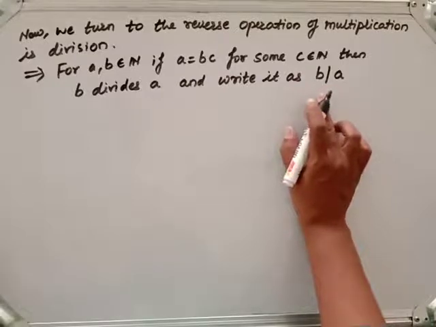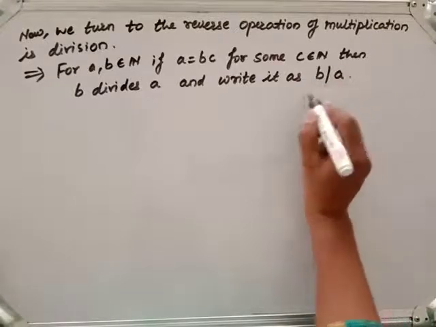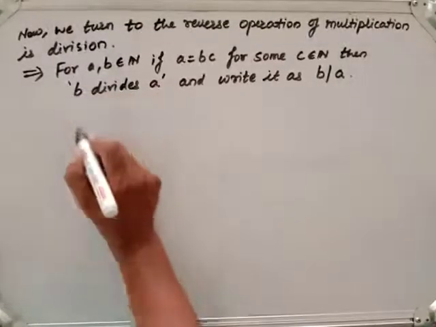This straight line is a notation for this relation: b divides a.